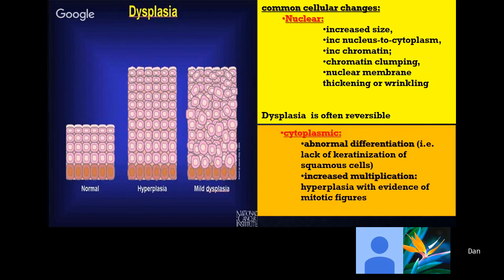Sometimes this hyperplasia can become abnormal and become dysplastic, or dysplasia, and sometimes it goes back to its original position. For example, in pregnancy, the endometrium goes towards hyperplasia, so you're going to have more muscle, more of the tissues. But after pregnancy, everything goes back to normal.